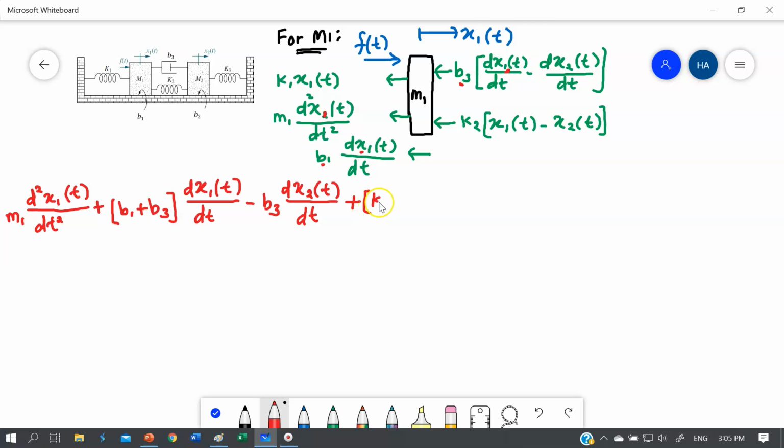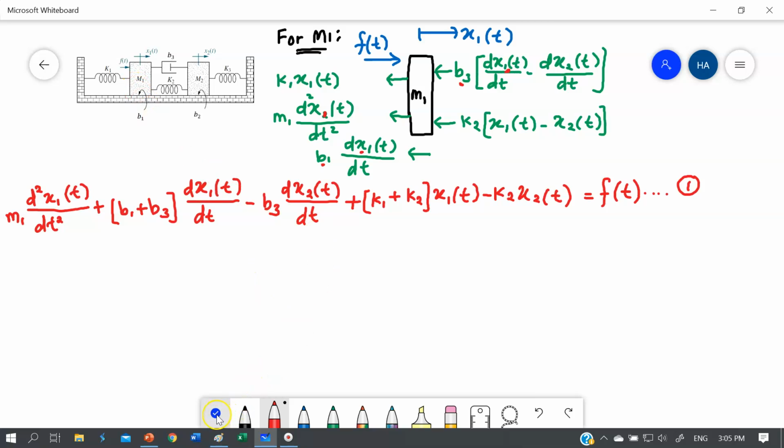So we will have k1 plus k2 x1 of t minus k2 x2 of t equals to the input force f of t. So let's call this equation 1. So this is the first differential equation that represent M1.